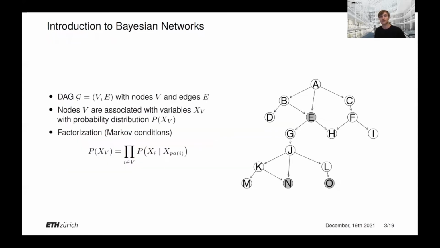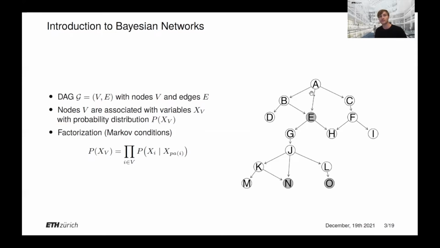Now, to be a bit more formal about this, let me just really briefly introduce you to the notation. So a Bayesian network is constructed of a directed acyclic graph of nodes V and edges E. So the nodes represent the random variables, and the random variables are associated with a probability distribution, right? So Bayesian networks in general are the combination of probability distribution and a directed acyclic graph.